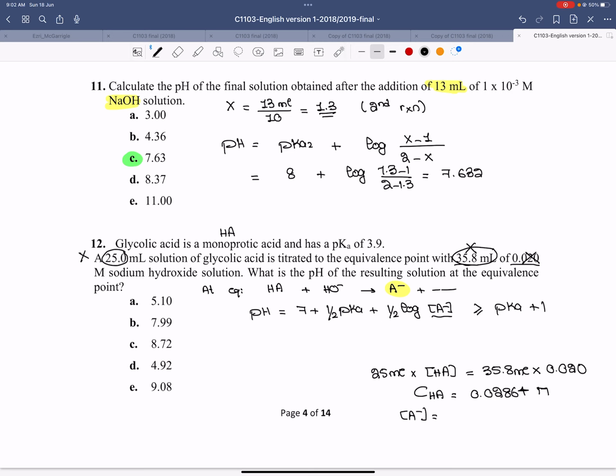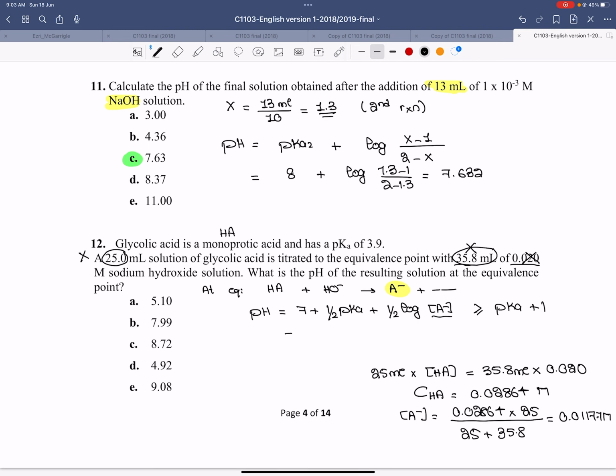How do I calculate its number of mole? It's 0.02864, which is the concentration times its volume, divided by the total volume, which is 25 plus 35.8. Concentration of A minus in your system is 0.01171 mole per liter.